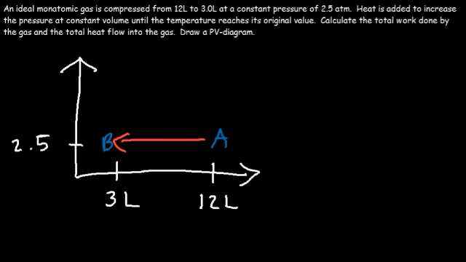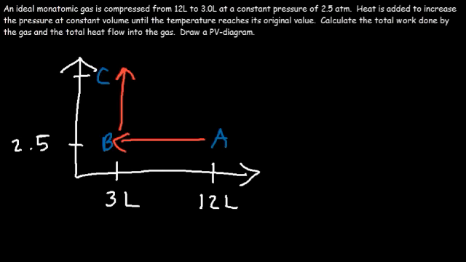If heat is added, the temperature will increase and the pressure will increase as well. And this occurs at constant volume, so that's an isochoric process. So we need to go up in the PV diagram. And then the temperature will reach its original value. Let's call this position C.